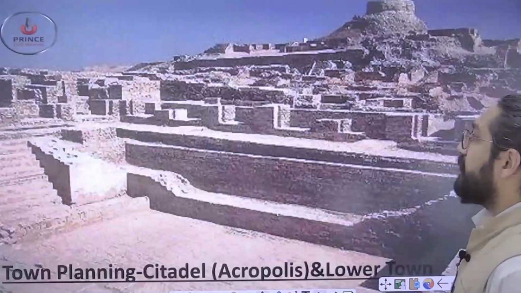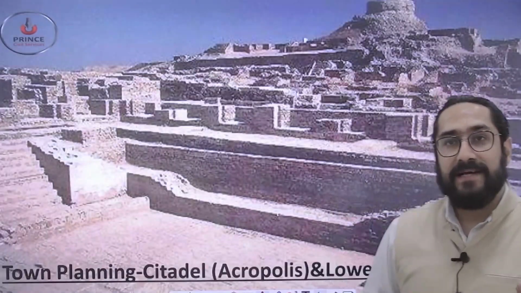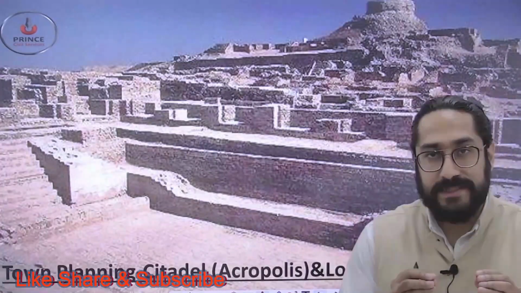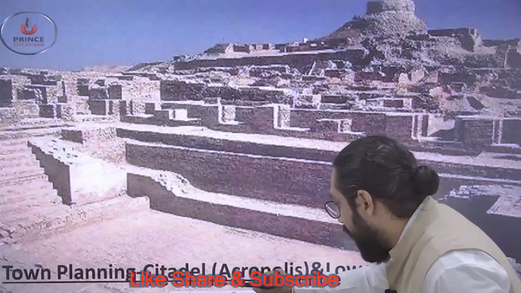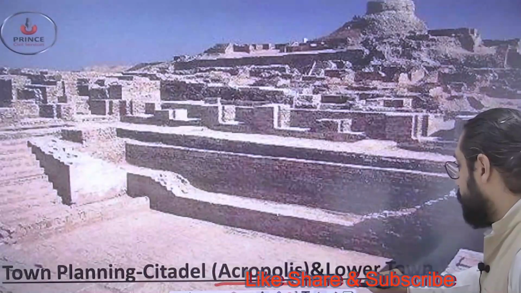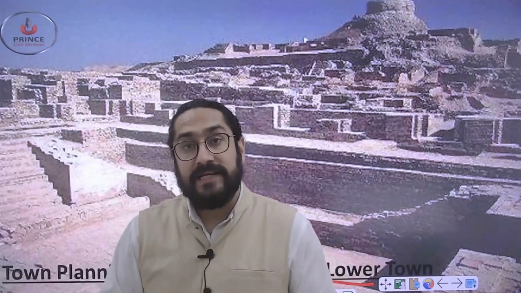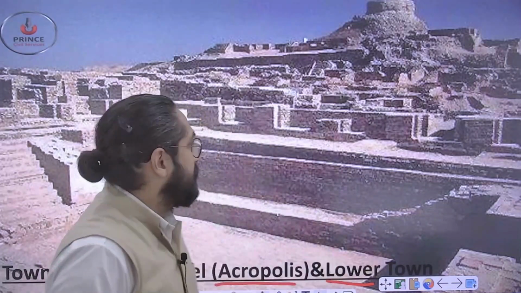So let's start with the first point regarding town planning, that is the Citadel, which is also known as Acropolis, and the Lower Town. Friends, it is very peculiar or unique about IVC towns that they were divided into 2 parts.